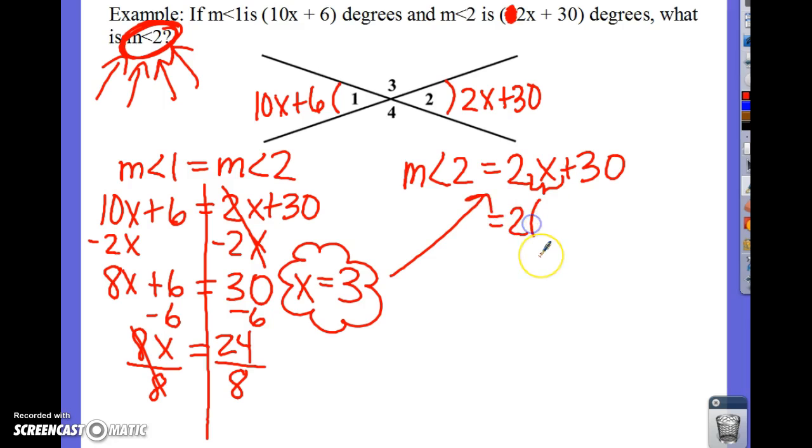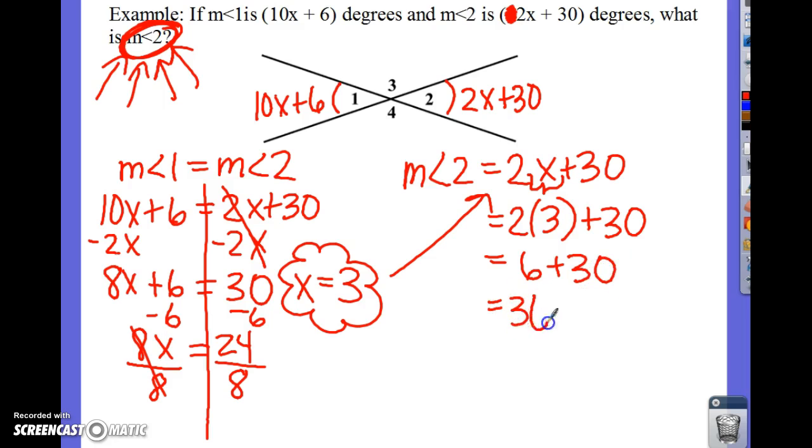So 2 times 3 plus 30. Well, 2 times 3 is 6 plus 30. Well, that's 36. We are talking about the measure of an angle. So it's not just 36. It is 36 degrees. You need to remember to put the degree symbol if you're talking about the measure of an angle.